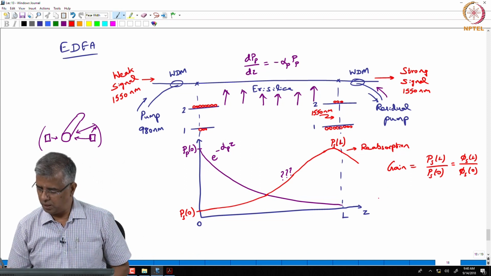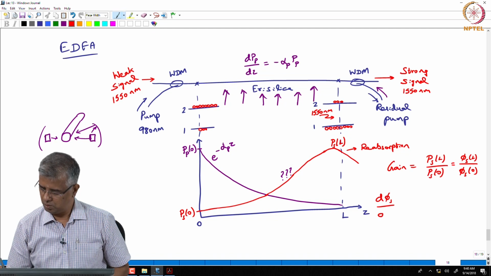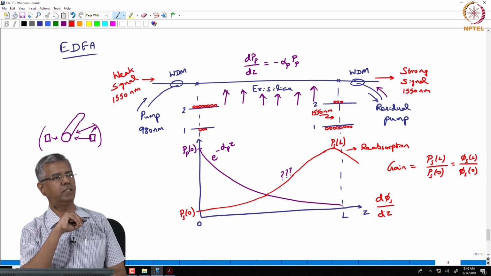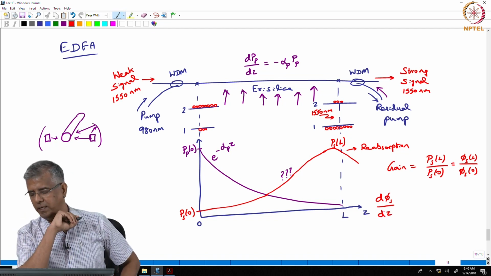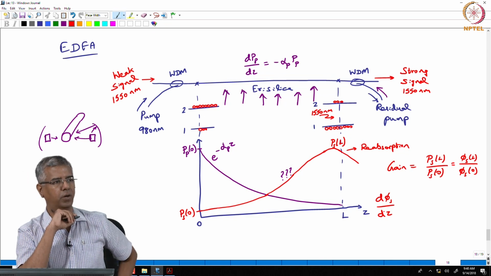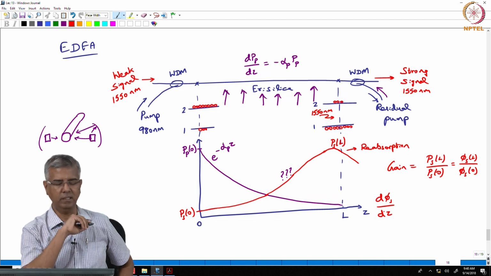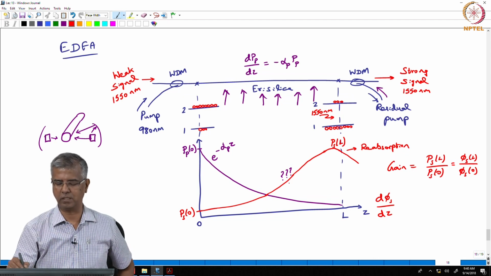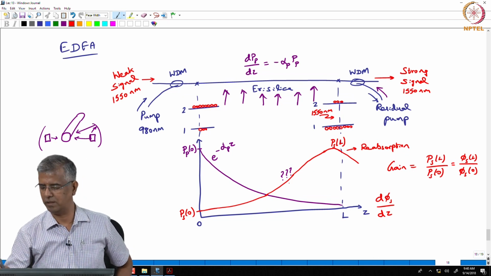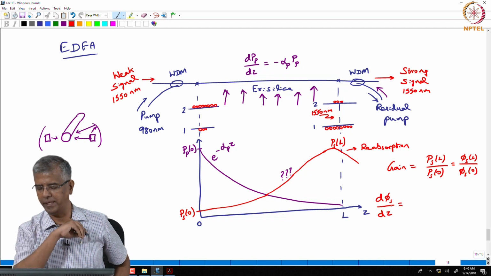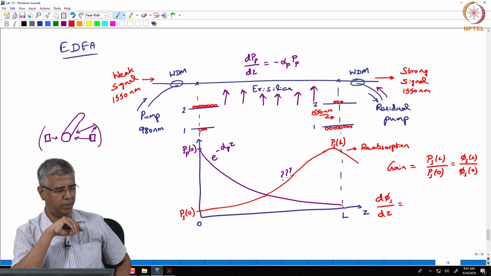What we can do now is, as far as the signal flux is concerned, I can write an expression for d phi s over dz, because that is what describes how my signal flux varies along the length of the fiber.